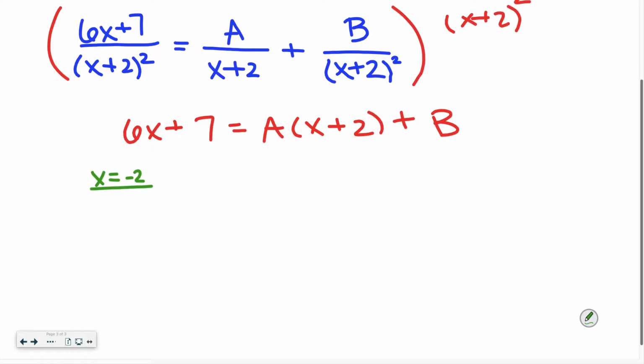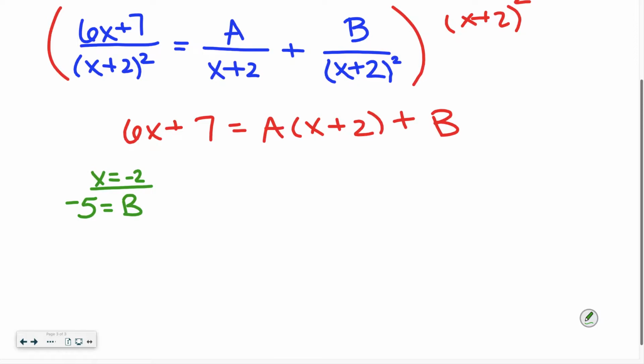And if we plug in -2, B would be -5, because this would be -12 plus 7, which is -5, then 0 plus B. Okay.